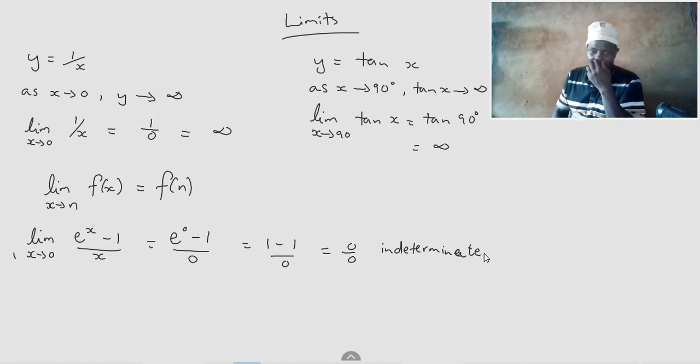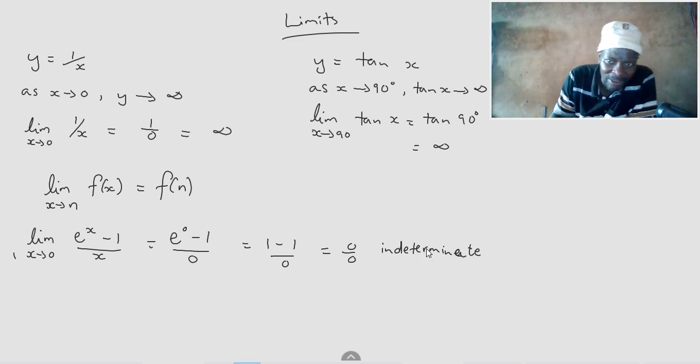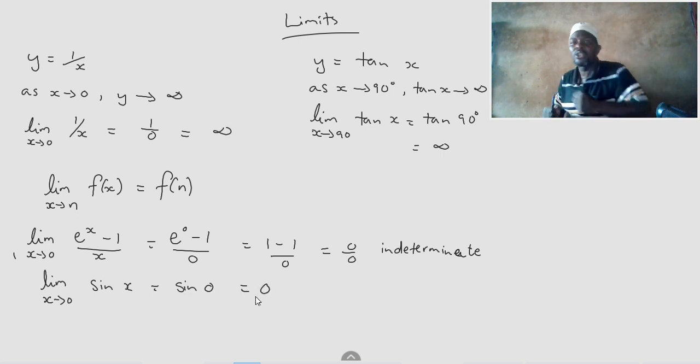Okay, let's look at a simple scenario now. The limit as x tends to 0 of the sine of x. All we do is substitute that value into the function, so this is the sine of 0, and we know that is 0.